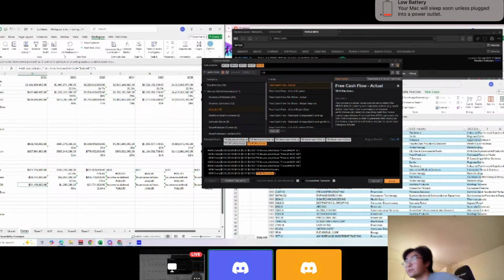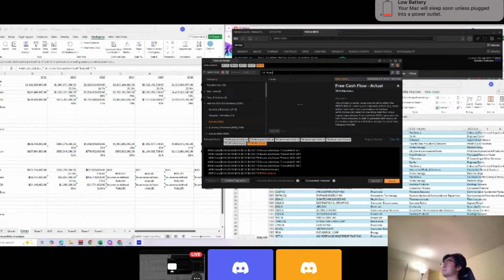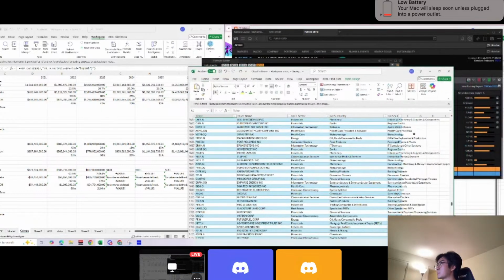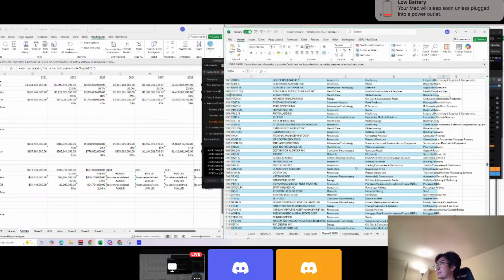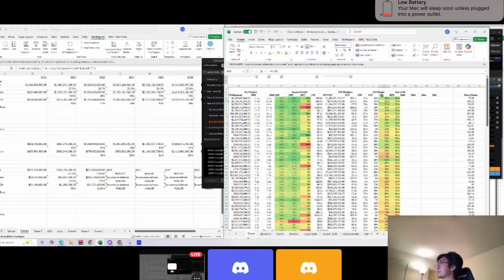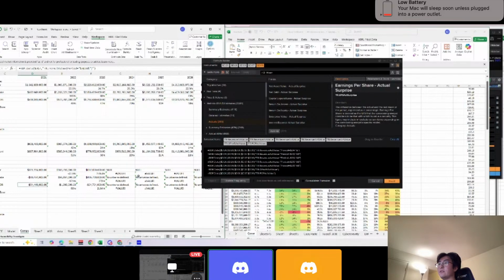It's still free cash flow negative for MongoDB, which is interesting. Free FCF mean.